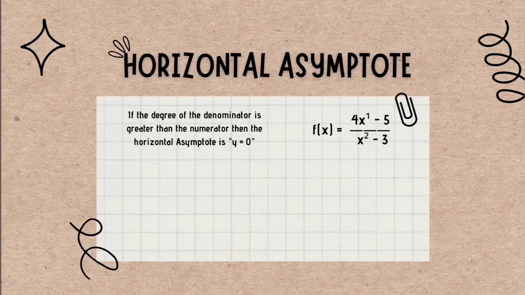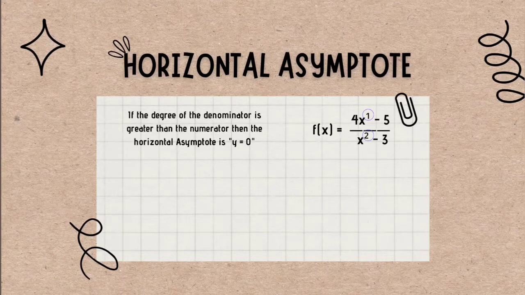Like for example, ang degree ng denominator ay 2 at ang degree ng numerator ay 1. So, mas mataas ang degree ng denominator kaysa sa numerator. Ang sagot mo dyan ay y equals to 0.